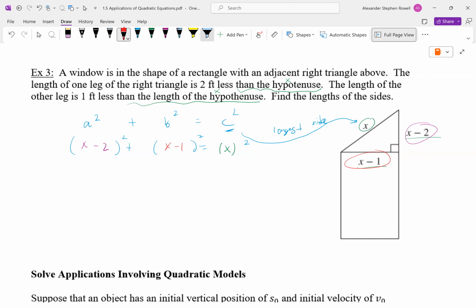All right, do we know how to solve this? All right, go ahead and solve it. Let's race. You solve it and I'll solve it. See who finishes first. All right, don't let me catch up.